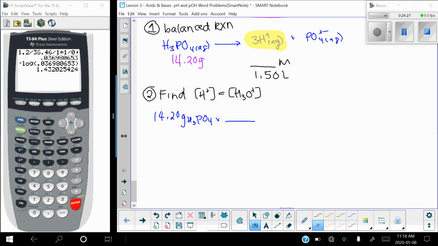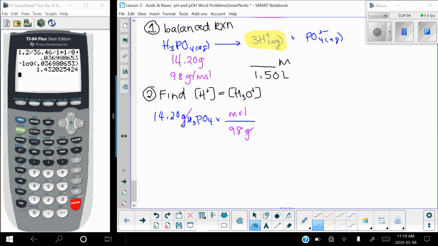The molar mass of this guy, I'm going to list it right underneath, is 98 grams per mole. So I'm going to go ahead and sub that value in. 98 grams per mole. Grams cancels out with grams, and I am left with moles.